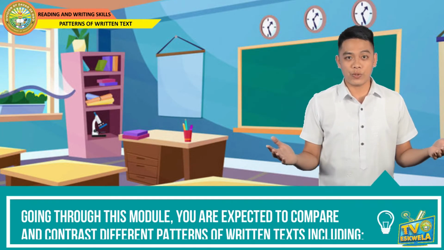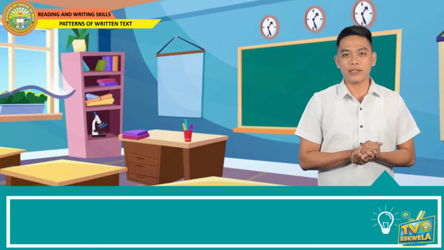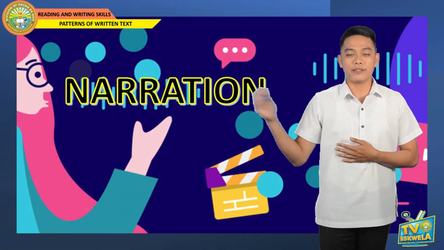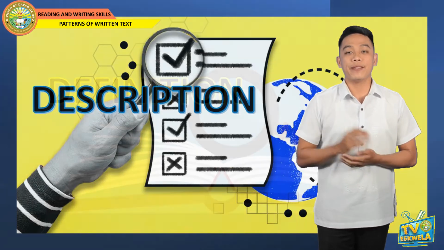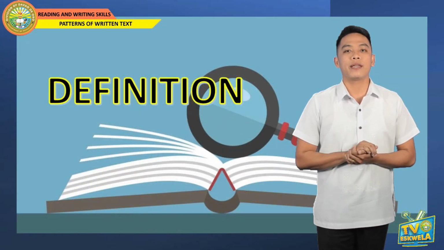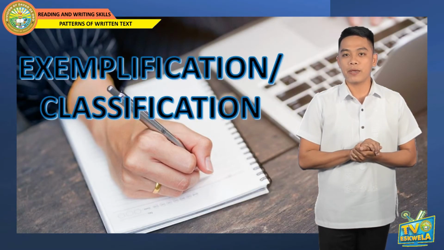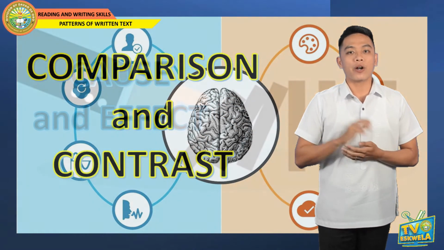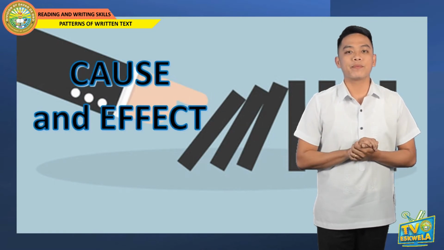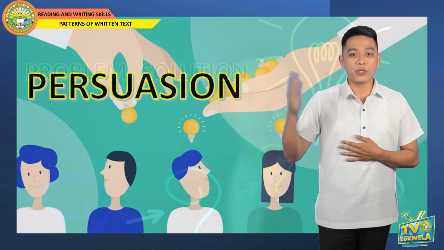Going through this module, you are expected to compare and contrast different patterns of written text, including narration, description, definition, exemplification and classification, comparison and contrast, cause and effect, problem solution, and persuasion.